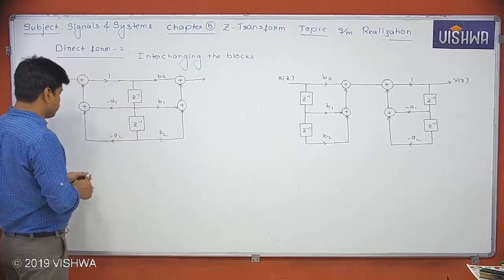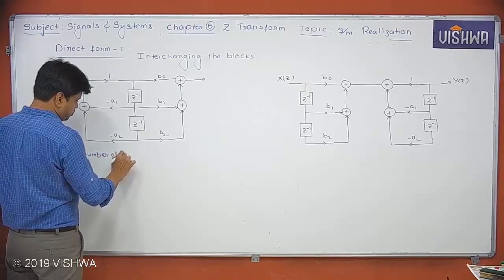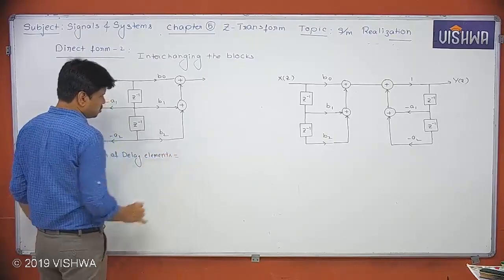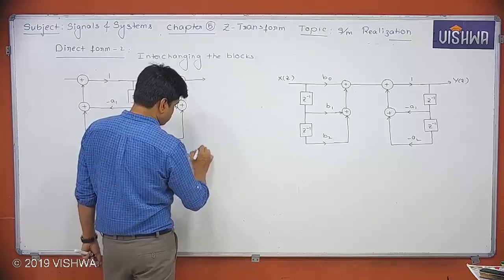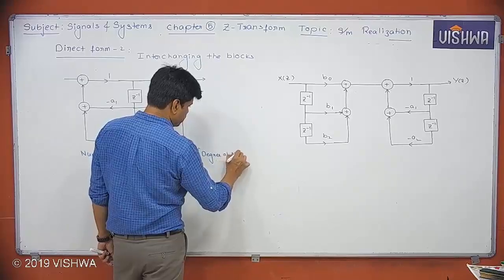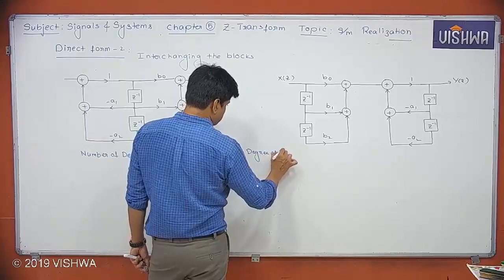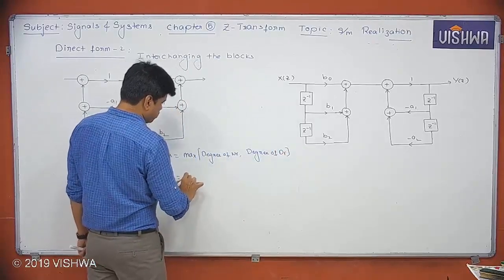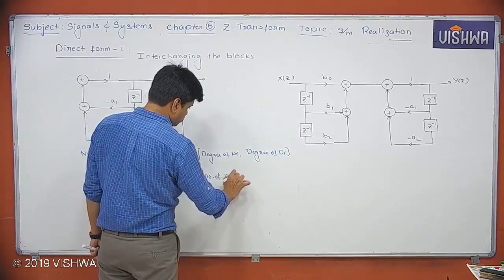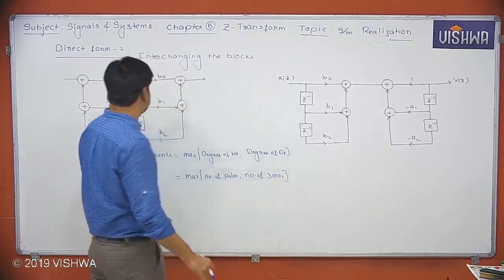The number of delay elements is equal to the maximum of the degree of numerator and degree of denominator, or the maximum of the number of poles and number of zeros. So this is direct form 2.